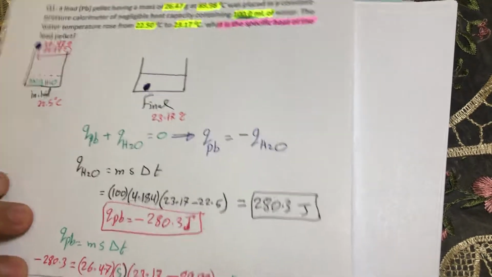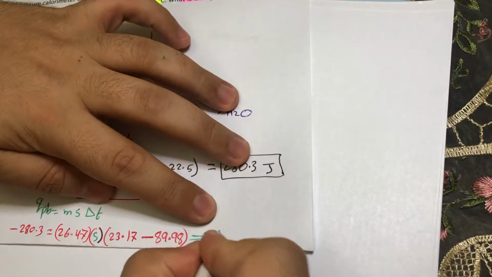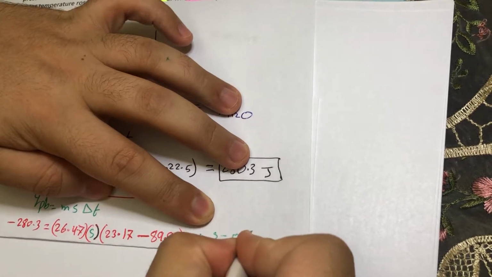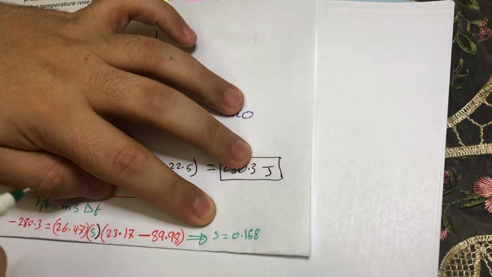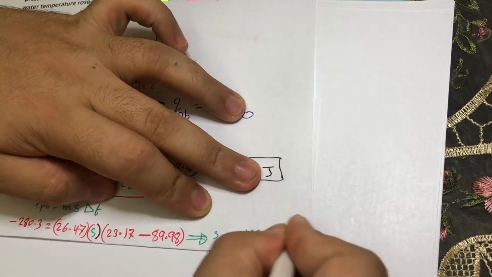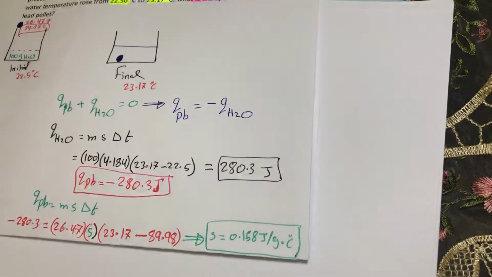From this equation, S is equal to 0.15 joule per gram per Celsius. Okay.